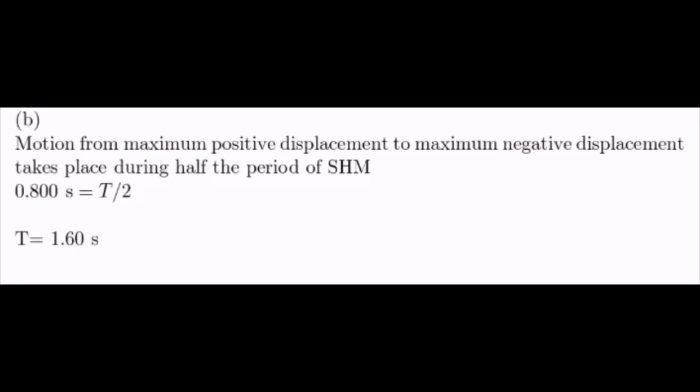So the formula for calculating our period would look like this: 0.8 seconds equals time over 2. Now, isolating time, our answer would be 1.60 seconds.